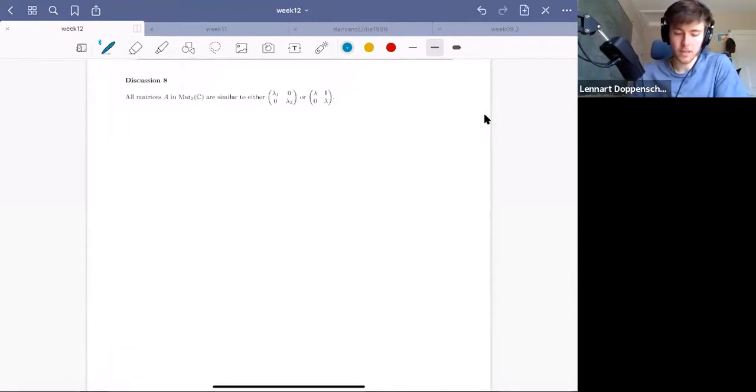So all matrices of size 2 by 2 with complex entries are similar to either diag(lambda 1, lambda 2) or to this other form. Any ideas about this discussion?